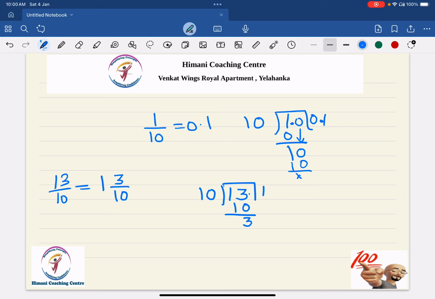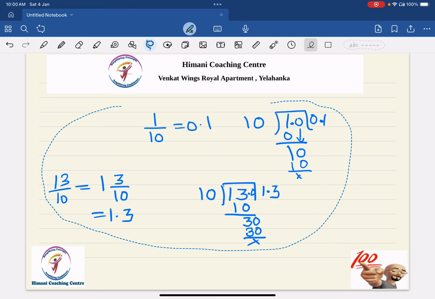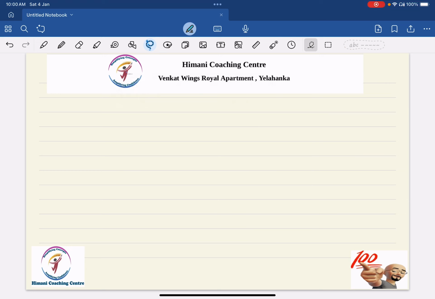We will put a decimal here and put a 0 and bring that 0 down. Then we put a decimal here. Why? Because we are now taking a digit after the decimal. So this will become 10 threes are 30. So 13 by 10 can also be written as 1.3.